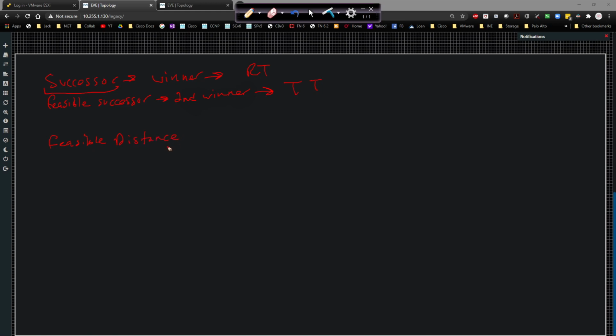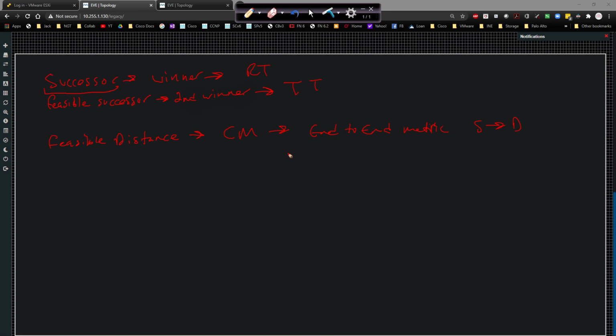And the idea with the feasible distance is this is going to be also known as the composite metric, or the end-to-end metric that's used to get traffic from A to D in this example, or maybe a better analogy would be source to destination, something along those lines.